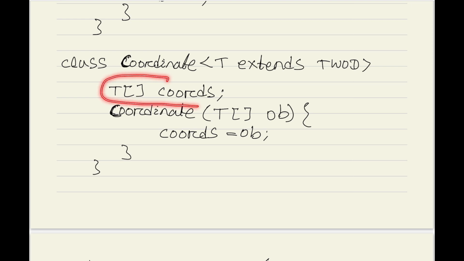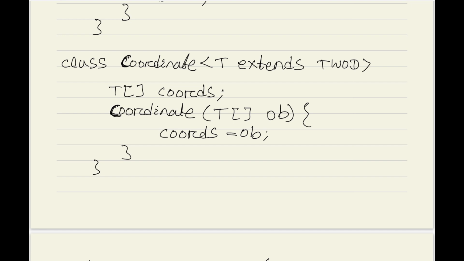So this means this array can be a 2D array or a 3D array or a 4D array, because T is bounded by 2D.